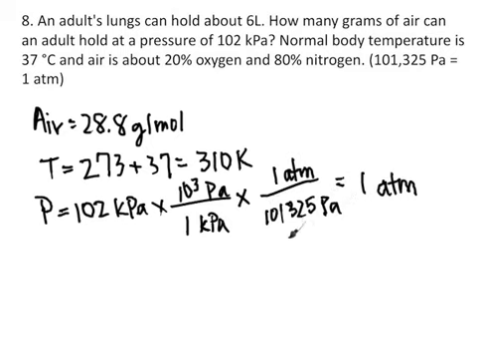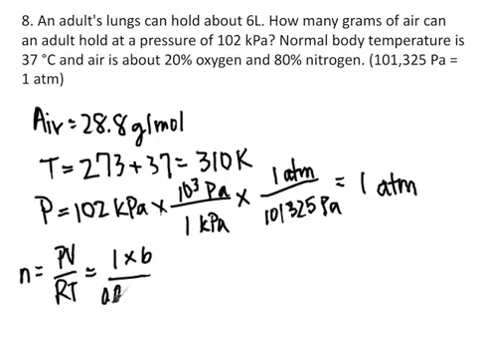Okay? So now we can calculate the number of moles of air that the lungs can hold, right? So using the ideal gas equation, we can do n equals PV over RT. So this equals about 1 atmosphere times 6 liters over 0.08, the gas constant.